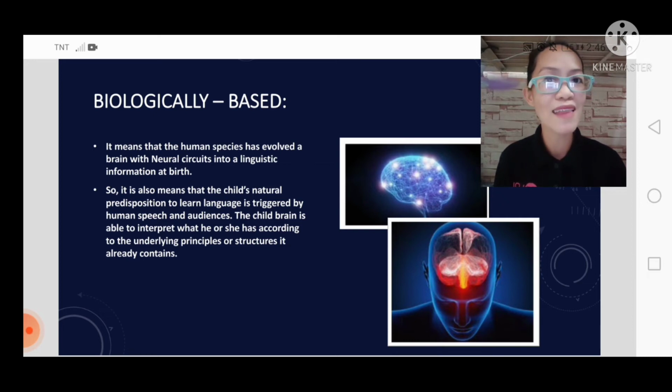So it is important that there is interaction between the child and adults to make those connections, because the LAD is triggered by that, and infants need that connection to have the pathways to learn the language. The child's brain is able to interpret what he or she hears according to the underlying principles or structures it already contains.